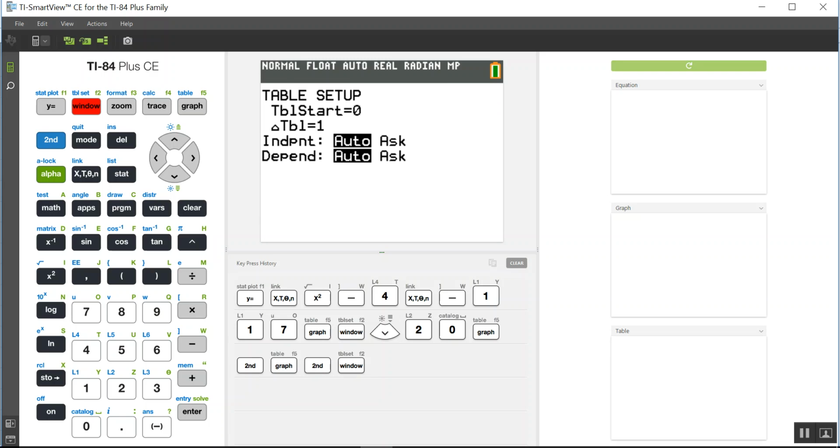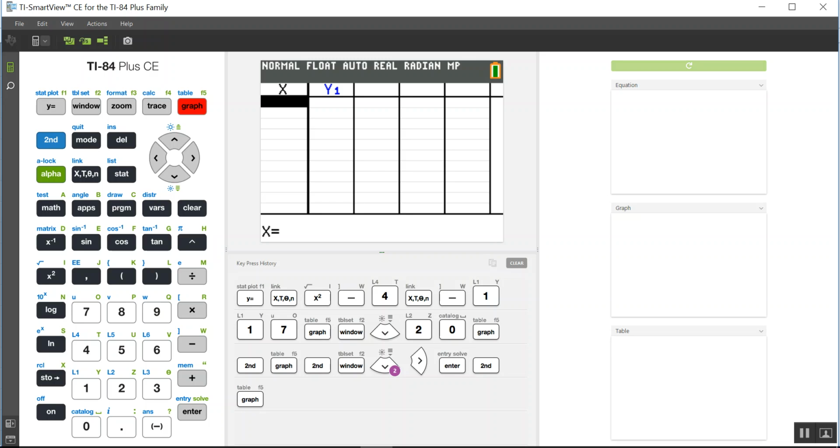Oh, here we go. So this is table setup. I did second window, and what I want to do is I want to be able to choose my independent variables. I want it to ask me what x's I want. So I'm going to go down here till that's flashing, go over to ask and hit enter. Now when I go to my table, it will let me choose the x's that I want.